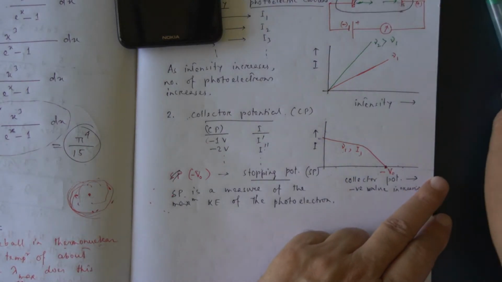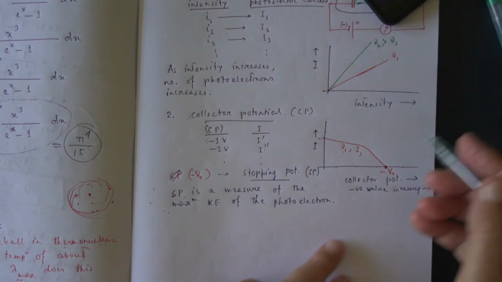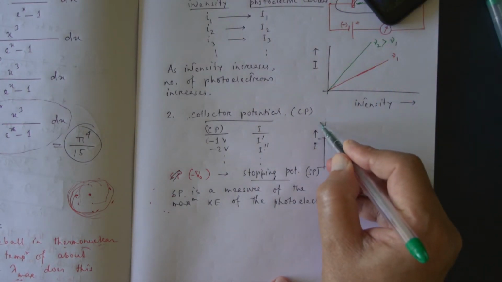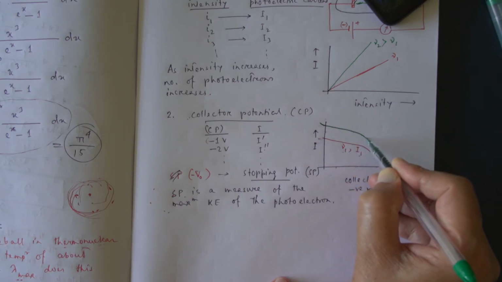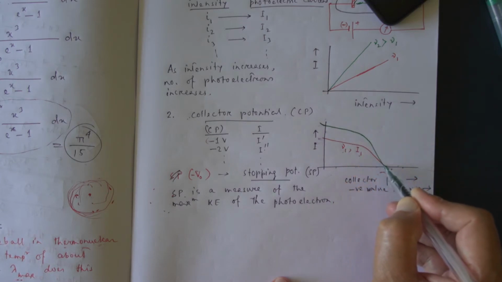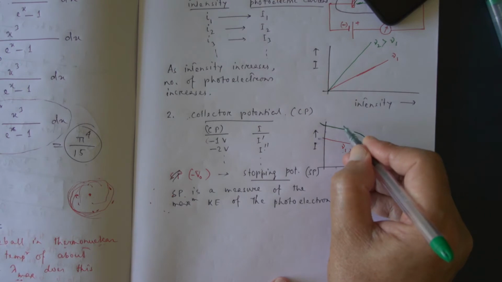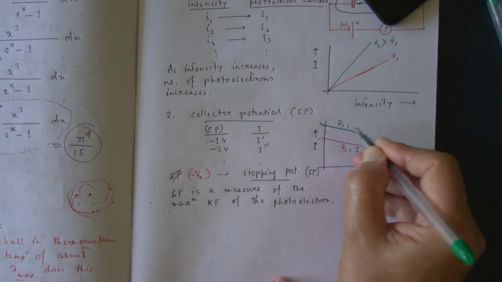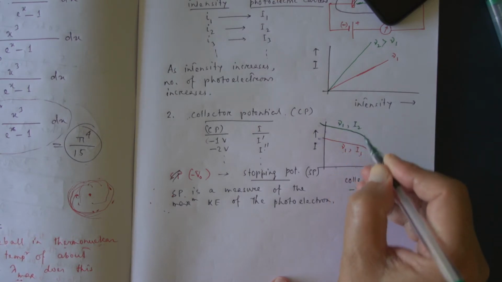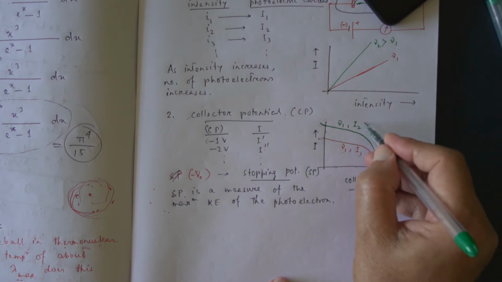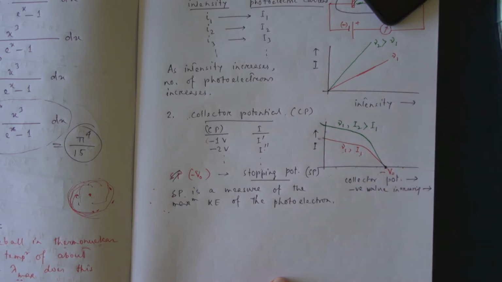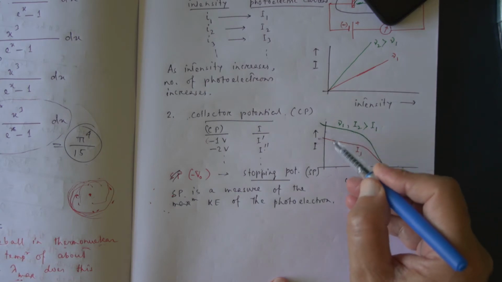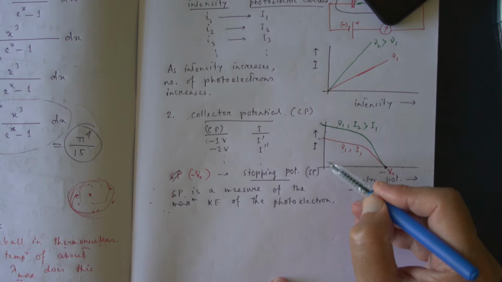Next, he increased the intensity. Frequency is the same, intensity is I2, and I2 is greater than I1. Intensity is more, so photoelectric current is more.